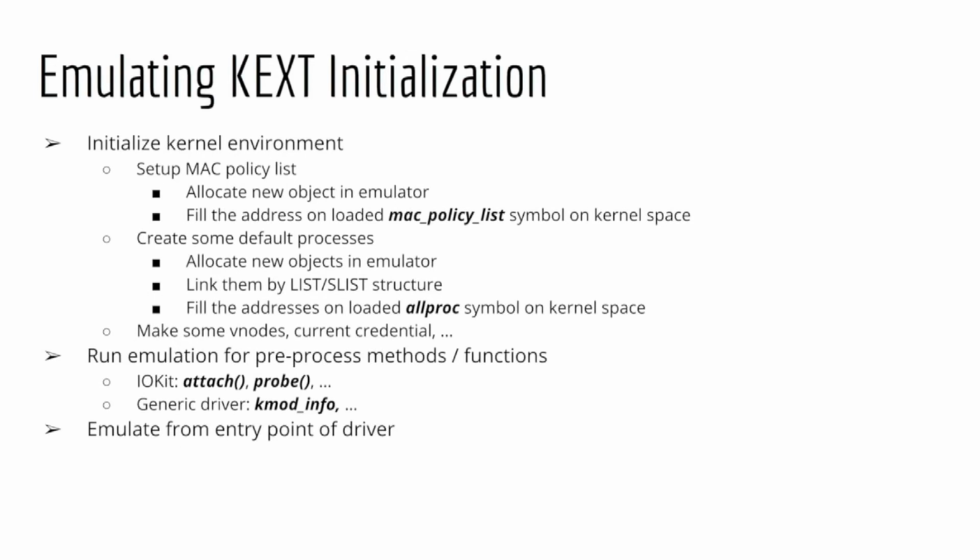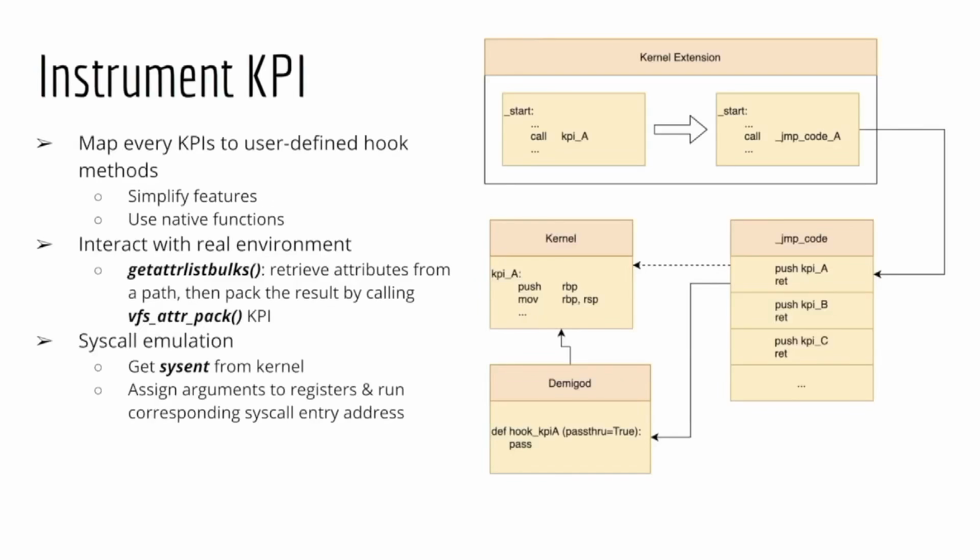I set up the MAC policy list by allocating a new object in the emulator engine and filling that address into the target on kernel space. I do the same thing for the allproc symbol on kernel space. I also create some vnodes and credentials. Then I run emulation for pre-processes such as attach, probe, or kmod info. Finally, I can go into the entry of the driver.